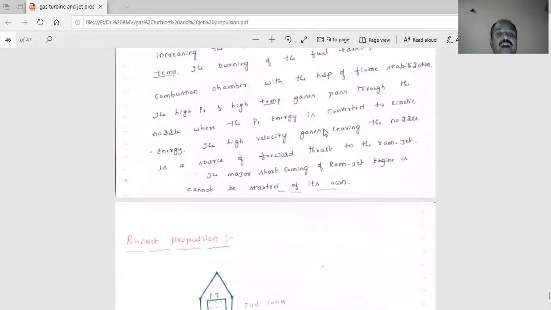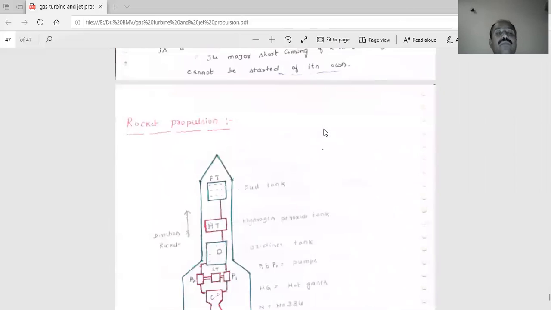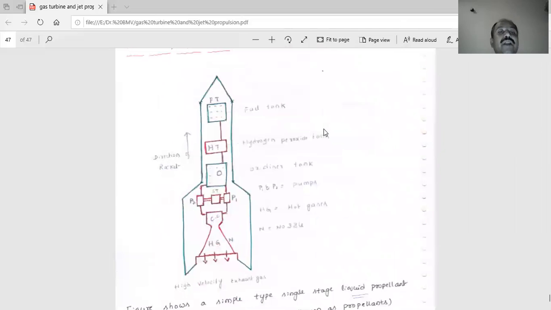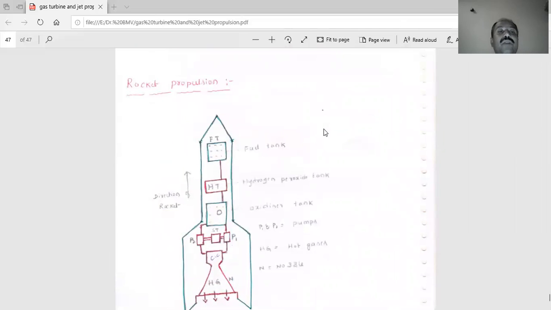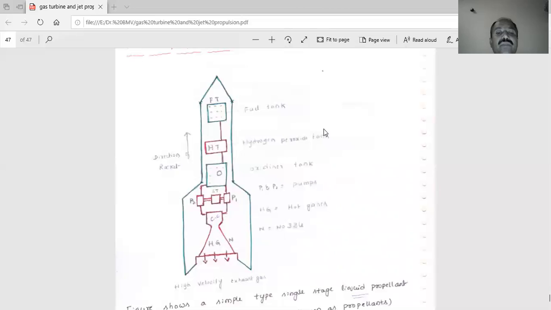Then another one is rocket propulsion. This is another important topic. Here the rocket propulsion is single stage, with liquid propellant.